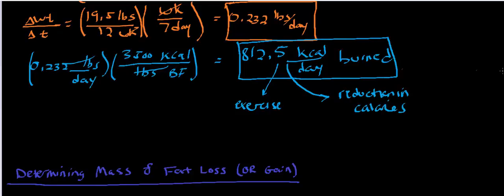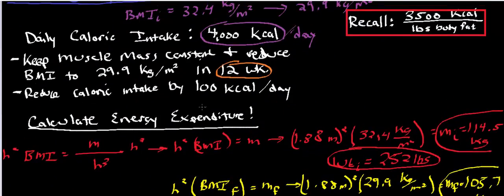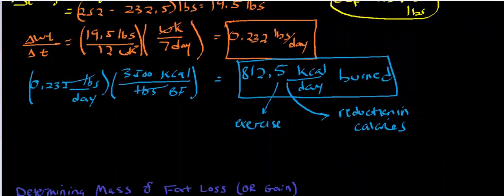Reduction in calories. Well, if we go back to the original problem, this person wanted to only reduce their caloric intake by 100 kcals per day. Okay, so actually that means 100 of this number is going to come from a reduction of 100 kcals per day. So the question is, how much is this person going to have to burn off through exercise throughout the day?